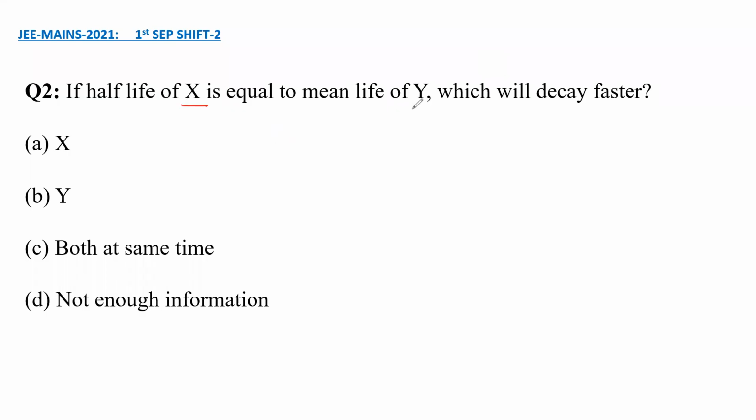Half-life of X is equal to mean life of Y. So let the half-life of X be Tx and half-life of Y be Ty. Then its mean life is nothing but Ty upon ln 2. Because as we know, while half-life is ln 2 by lambda, mean life is 1 by lambda.